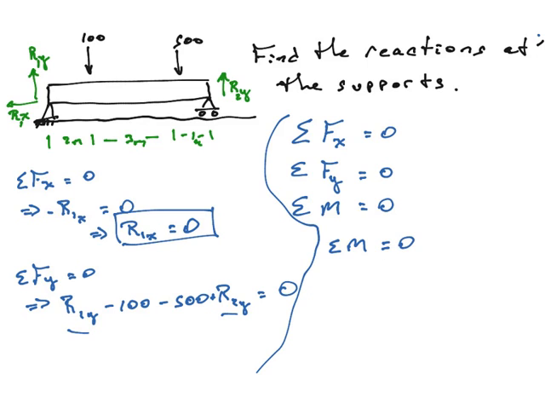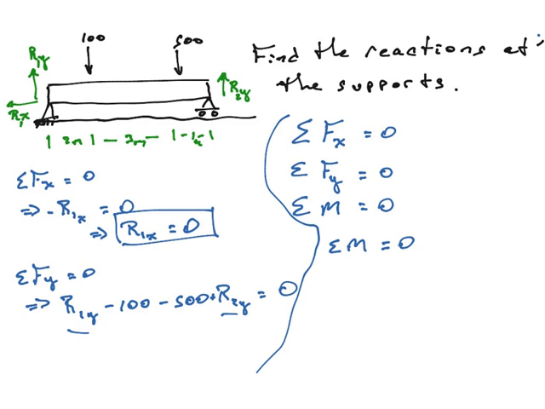Now, the sum of the moments means for the whole system, no matter where I look, anywhere I try to calculate it, if I add all the moments together, it better be equal to 0. So that tells me I'm allowed to choose any point on this piece of wood I want as the point of rotation.